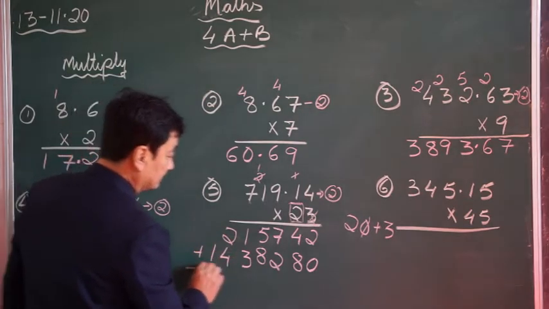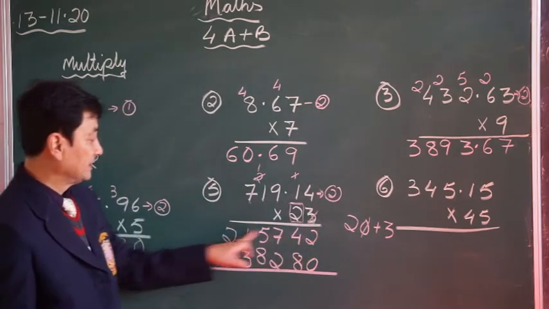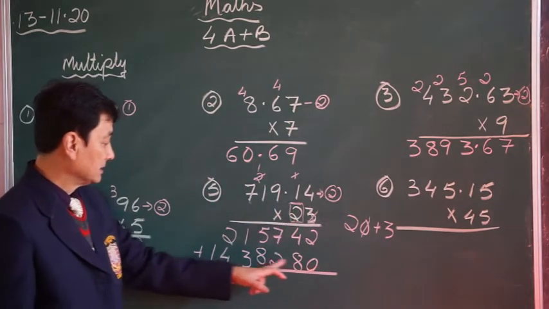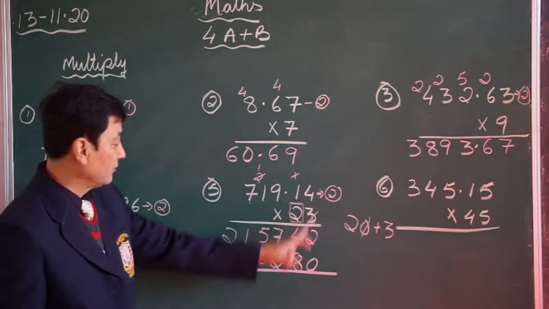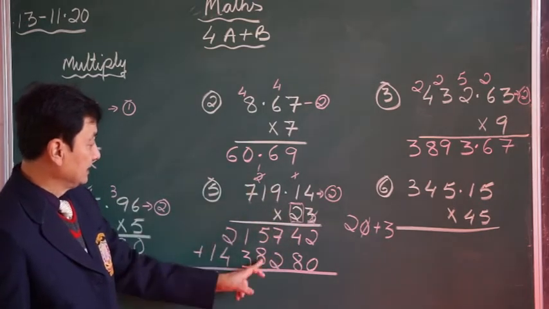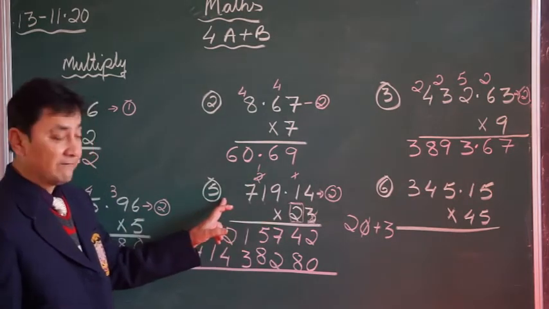Okay, you got that? When you multiply with 3, that is the first number. When you multiply with 2, that is the second one. Let's check it. 2 4s are 8, 2 1s are 2, 2 9s are 18, 2 1s are 2 plus 1, 3, 2 7s are 14.